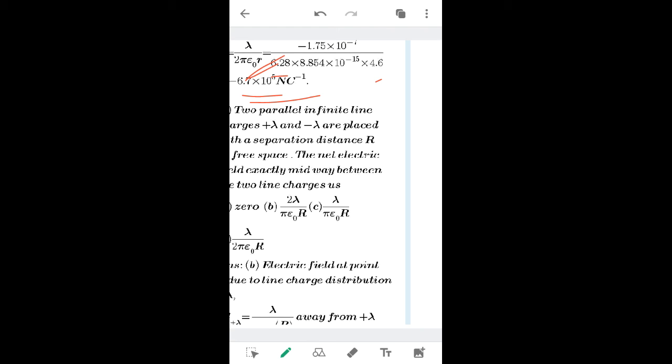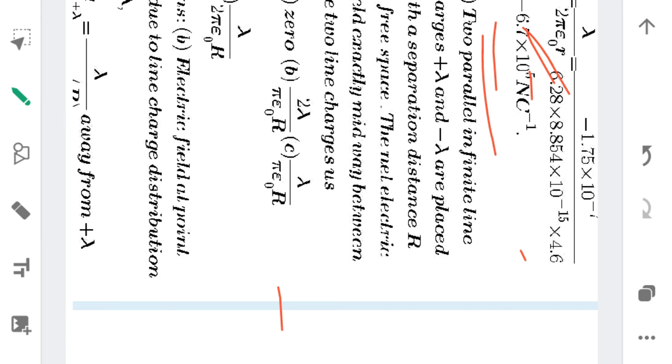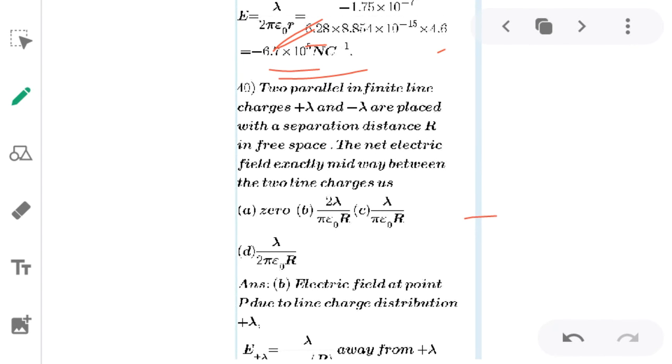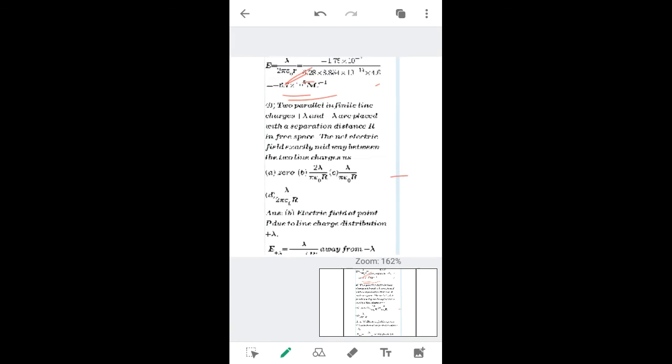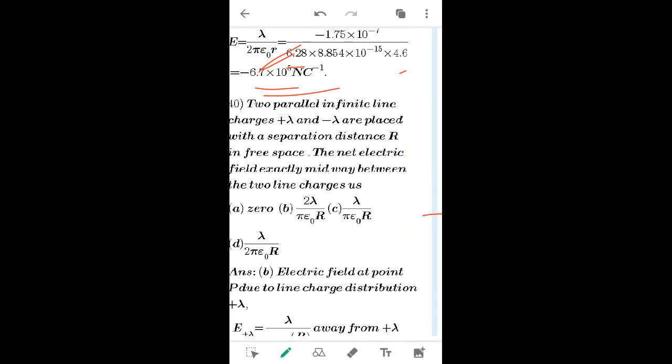Now let us go to the last one. So here in the previous equation, it is millimeter, so 10 raised to minus 3, and epsilon naught is 10 raised to minus 12. I have added these two, so hence we have got here 10 raised to minus 15.